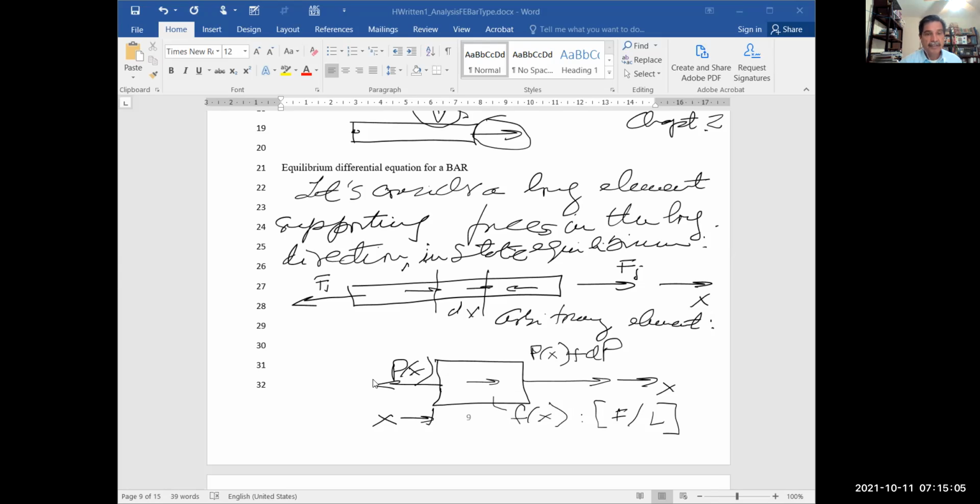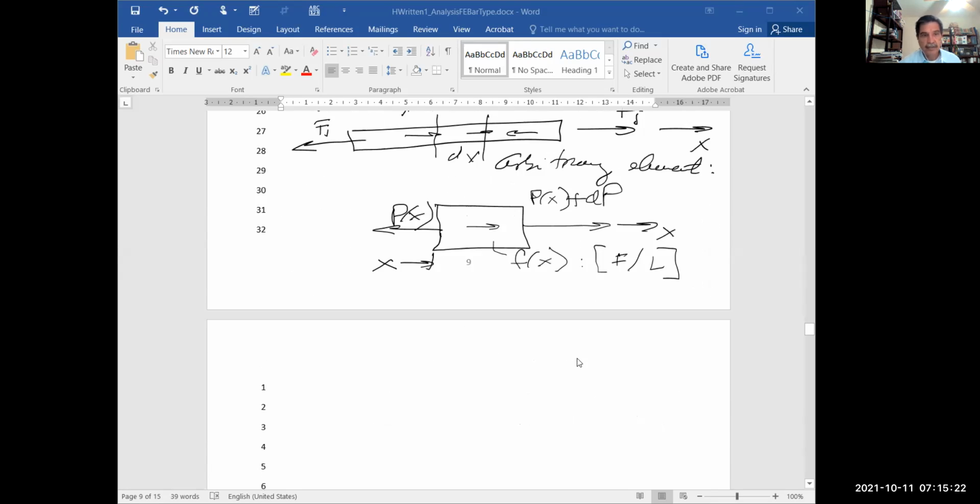Okay, so we have this force, which is different, and then this distributed force on the element. And these three, they have to cancel and keep this differential element in equilibrium. Okay, so let's continue with our deduction.